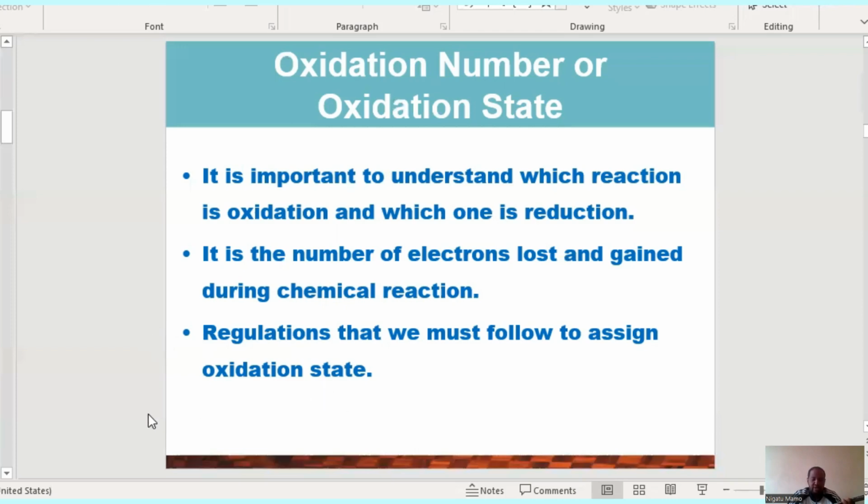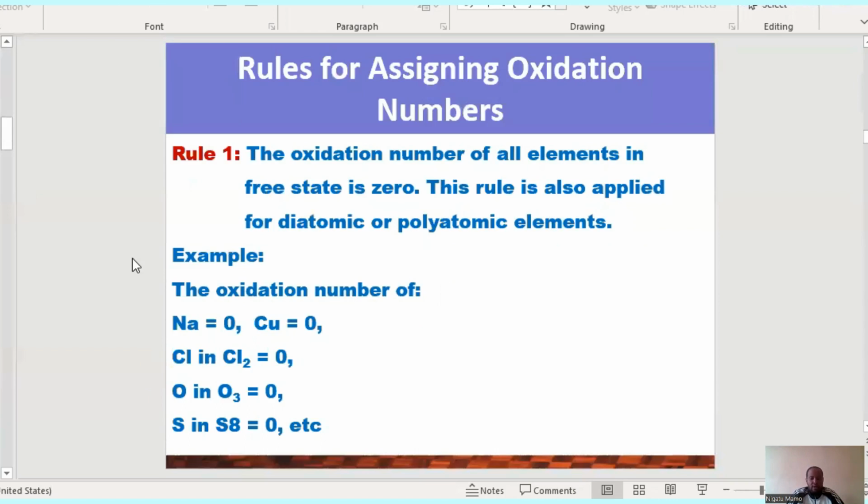There are rules that we must follow to assign oxidation state. Here are the rules for assigning oxidation number. The first rule is that the oxidation number of all elements in the free, neutral state is 0. This rule also applies to diatomic and polyatomic elements.